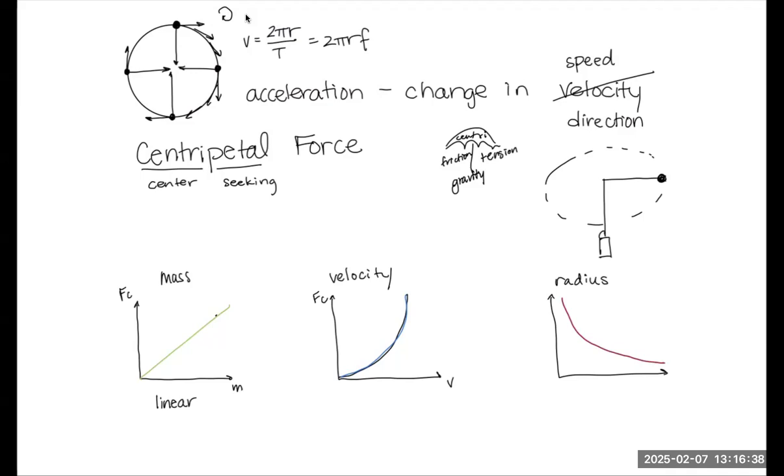And then finally, we get one that's a little different. Radius does the opposite. So when we increase the radius, make it a bigger circle, we actually reduce the amount of force necessary. And the way I like to think about that is if I had a car and I needed to turn it in a tight circle, that's going to be really hard.